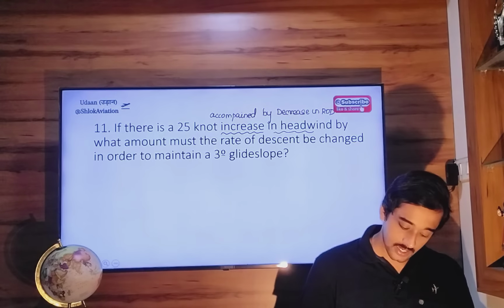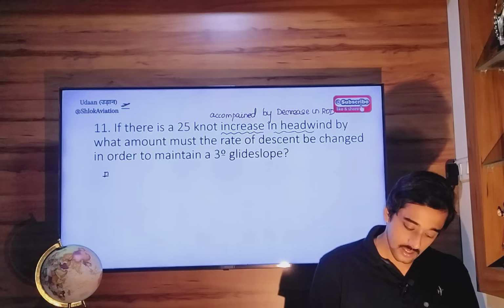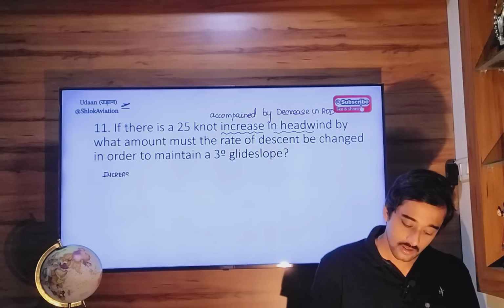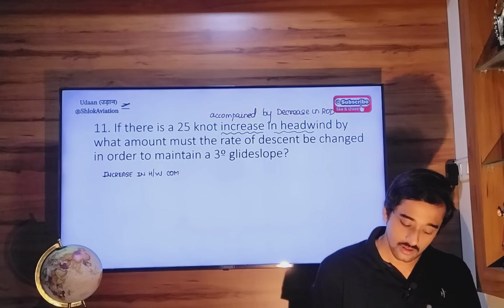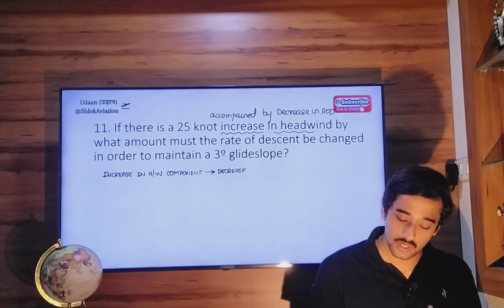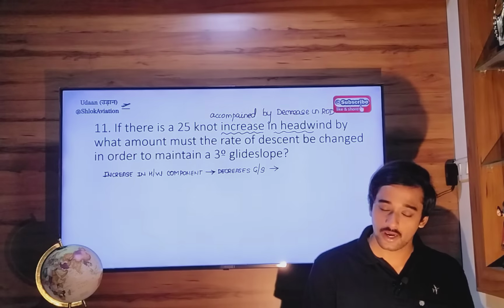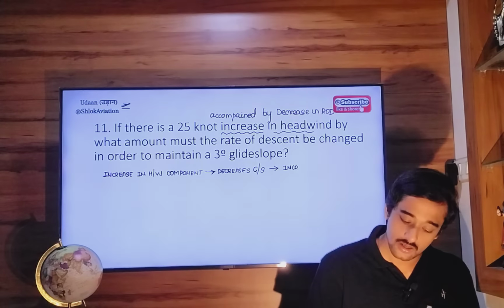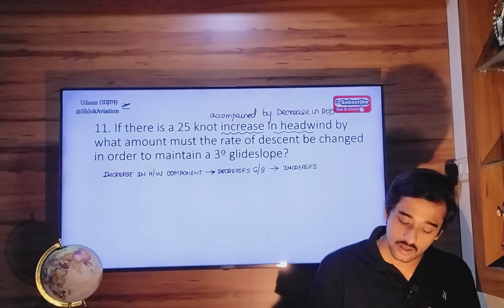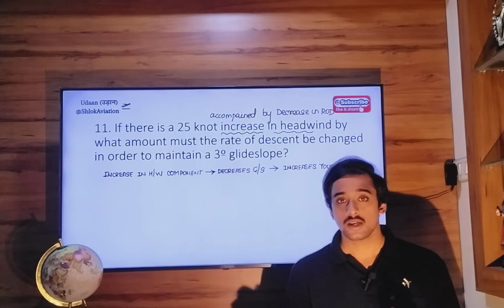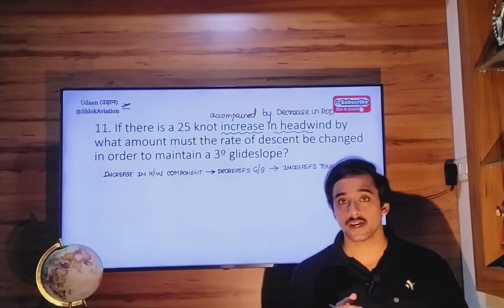Okay, so I'm writing here: increase in headwind component decreases the ground speed of your aircraft, and increases your rate of descent. Since you are in the landing phase of your flight, the engine power will be very low, and the true airspeed of your aircraft will be very slow.